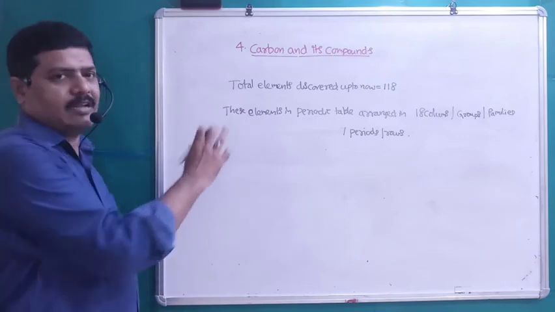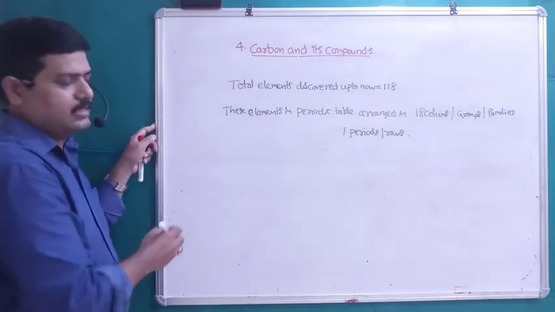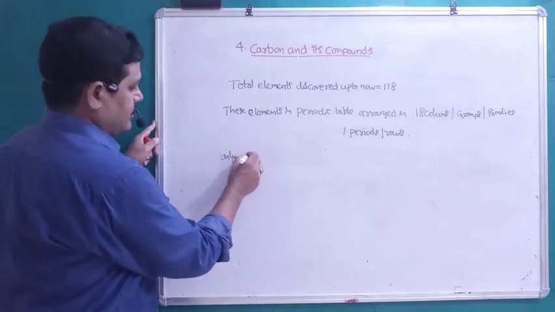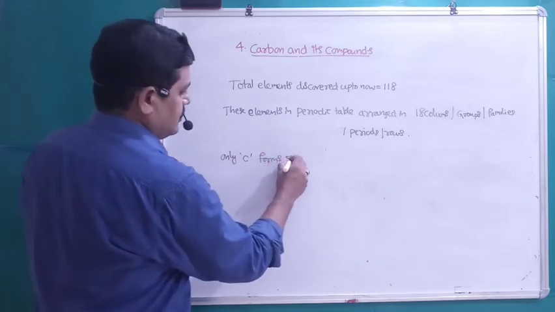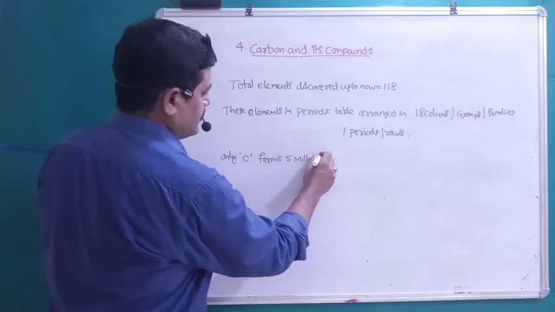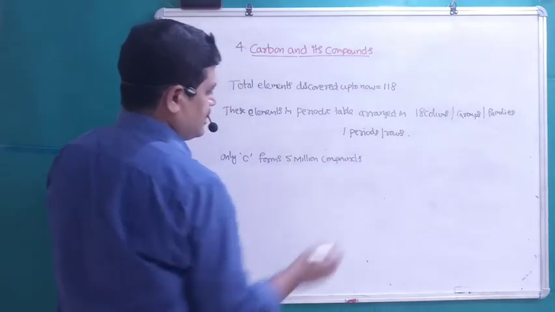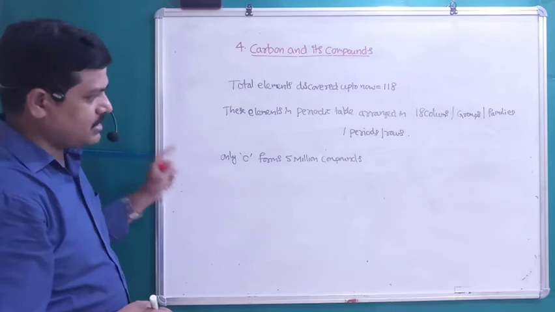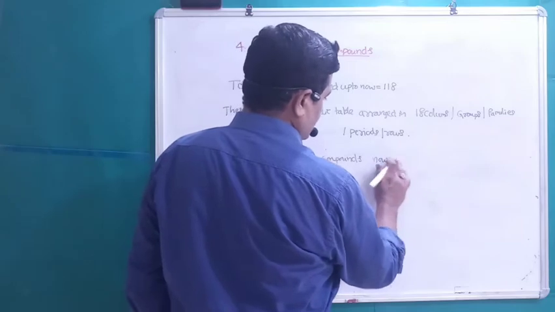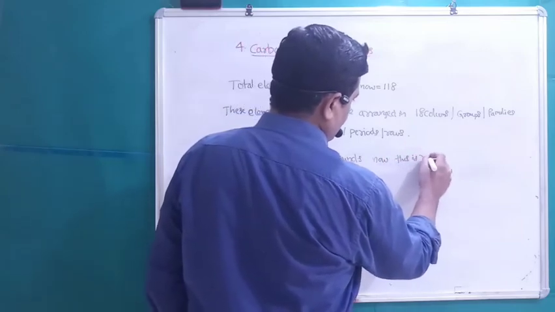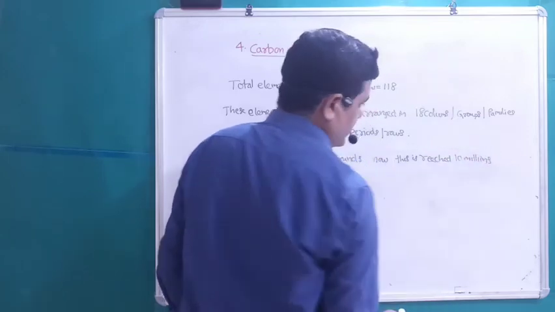Even though there are 118 elements, why we need to study carbon compounds separately is because only one element, carbon, forms 5 million compounds. Actually in the books they have given it as 5 million compounds. Now this has reached 10 million.